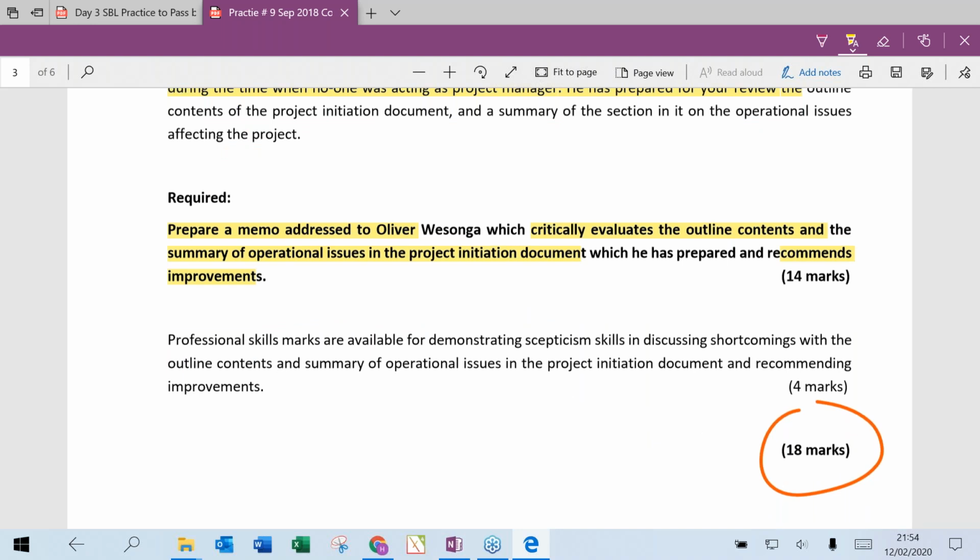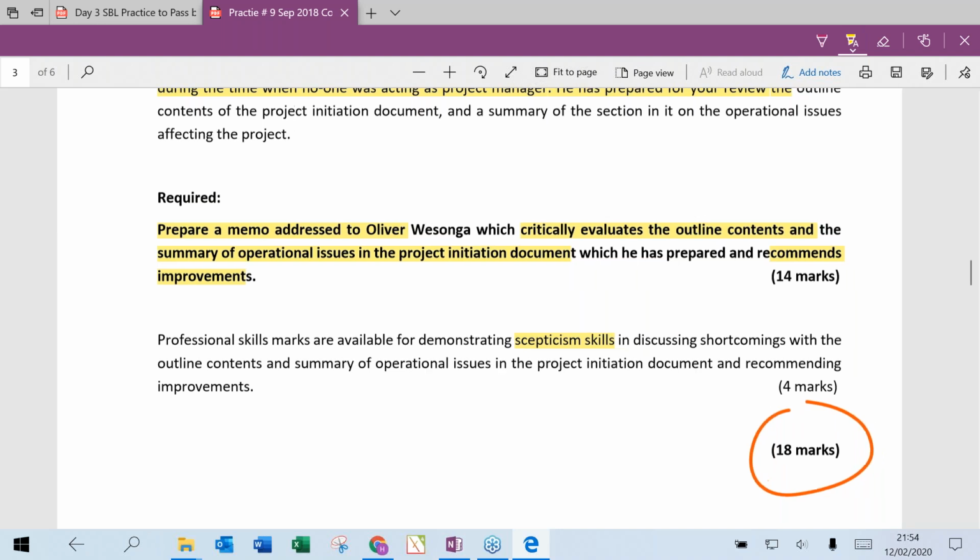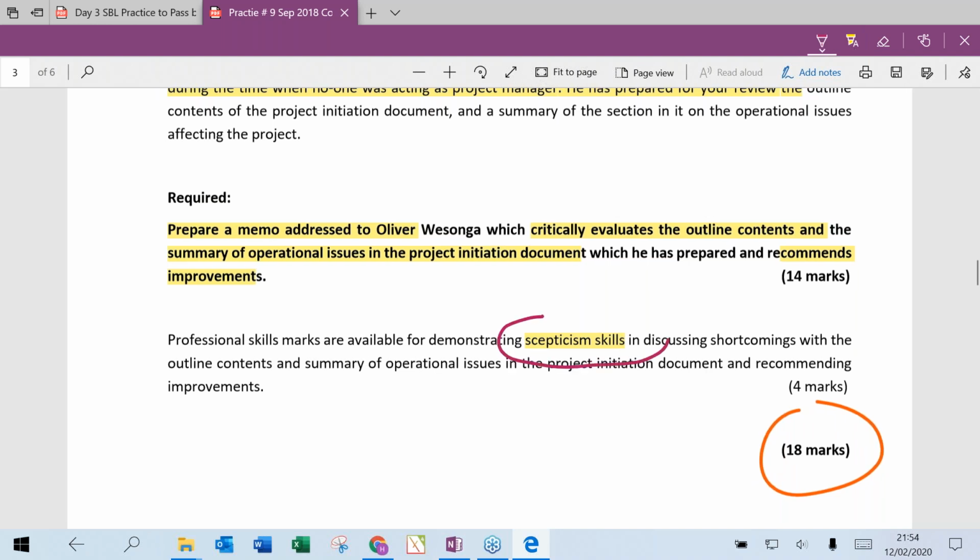Professional skill marks are available for demonstrating skepticism skills in discussing the shortcomings with the outline contents and the summary of operational issues in the project initiation document and recommending improvements. What is skepticism skill? This is the first time I will talk about it.